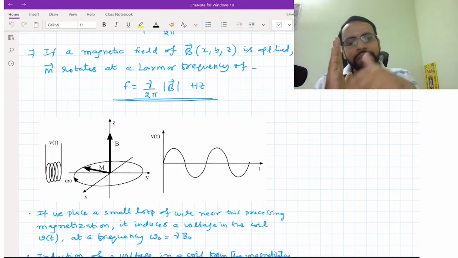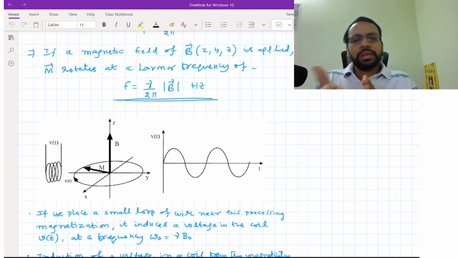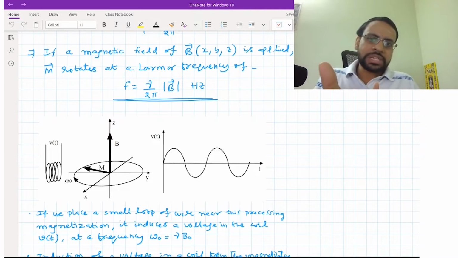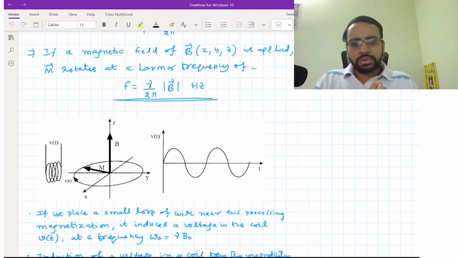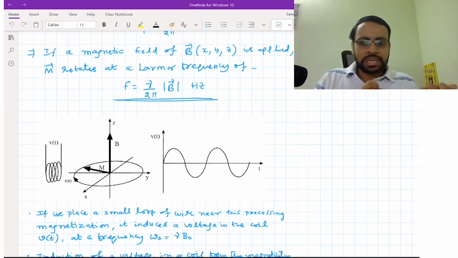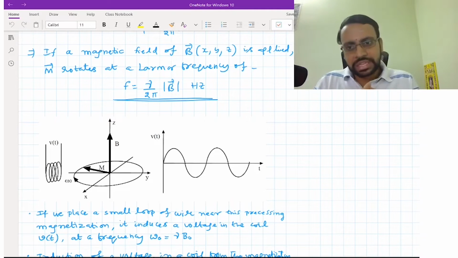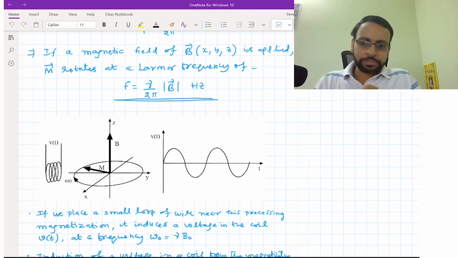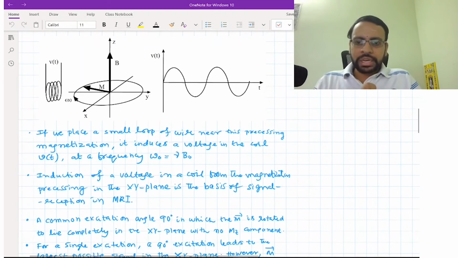Compared to that, this is small. If you consider the hydrogen atoms, this is in the range of radio frequencies. That's why what you are transmitting is an RF pulse, and what you are receiving is also an RF pulse. Hope that part is clear.